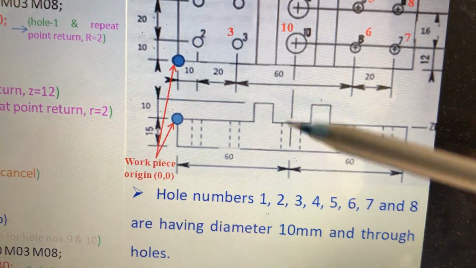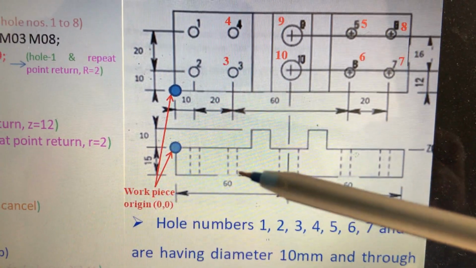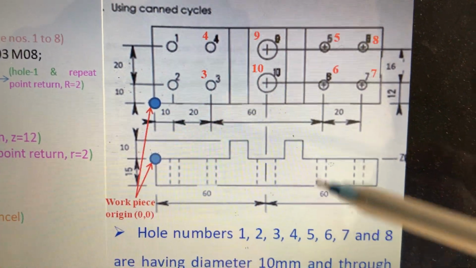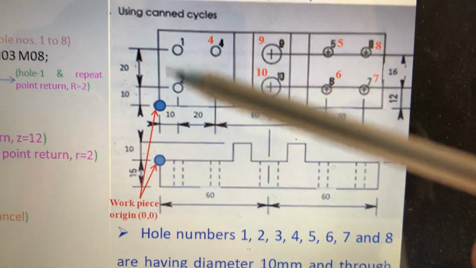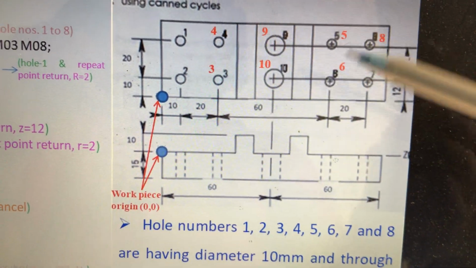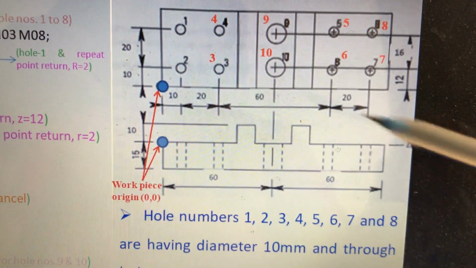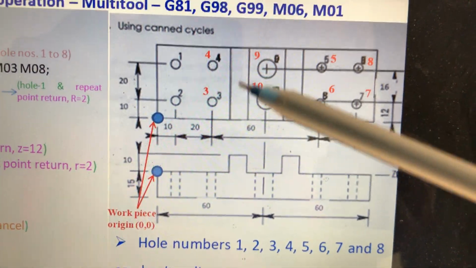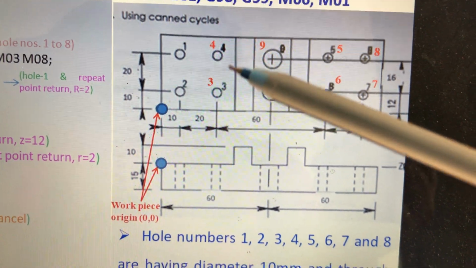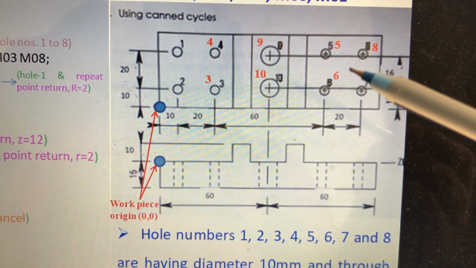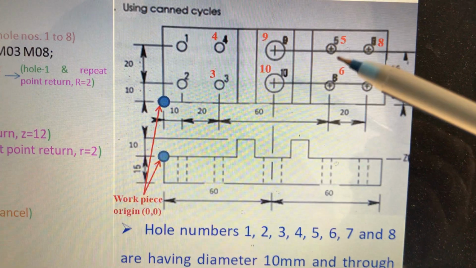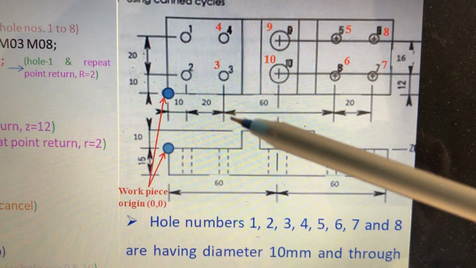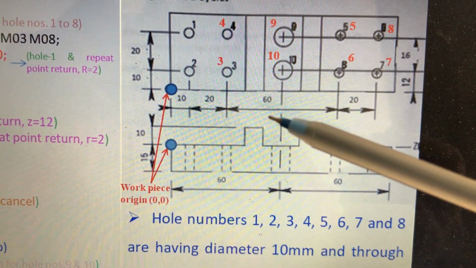Now in this program we have to use a canned cycle to do the drilling operation for all these holes 1, 2, 3, 4, 5, 6, 7, 8. It is easy to repeat 1, 2, 3, 4, and to travel from hole number 4 to hole number 5, we need to go to the initial point, because there is a small projection.